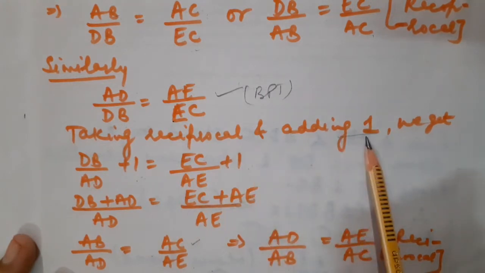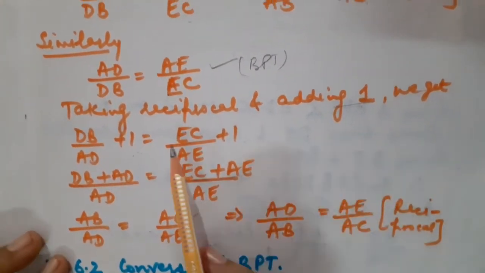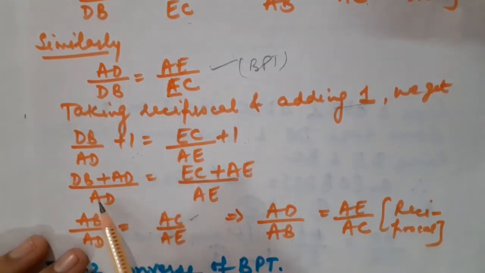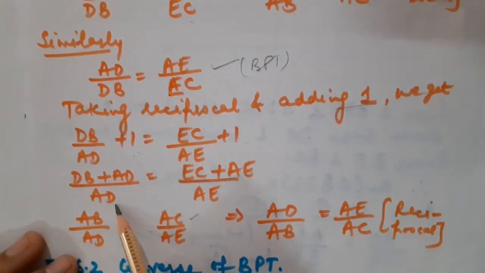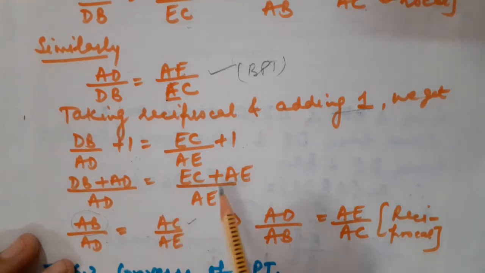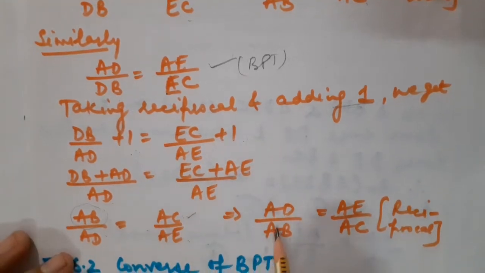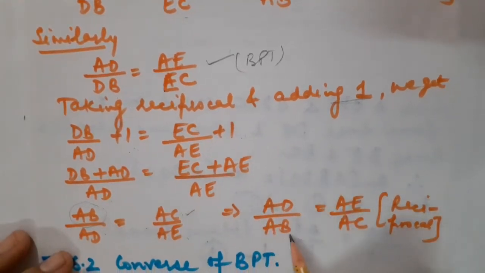I took the LCM, AD, so it becomes DB plus AD, that is complete AB. So it has become AB upon AD is equal to EC plus AE upon AE, that is AC upon AE. Now again take the reciprocal. So I have got AD upon AB is equal to AE upon AC.